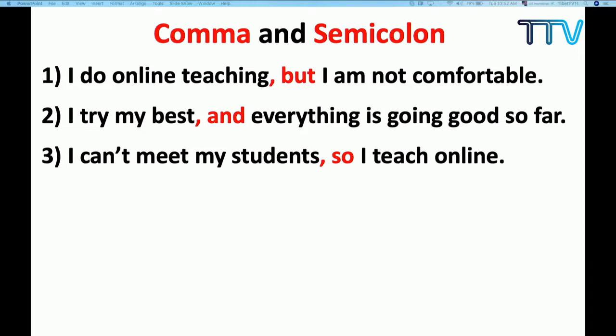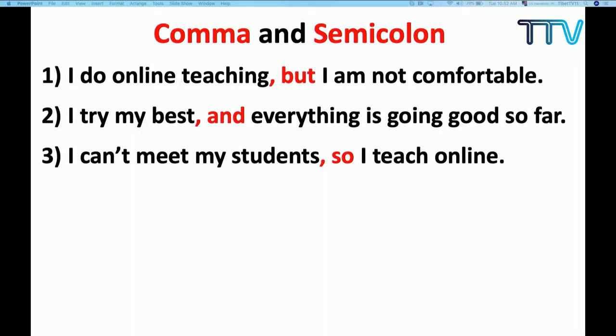Now, this is a compound sentence. Why? Because we have two independent, simple sentences. I do online teaching. This is a complete simple sentence. I am not comfortable. This is also a simple sentence. Now, we join these by the word but. So this becomes a compound sentence.